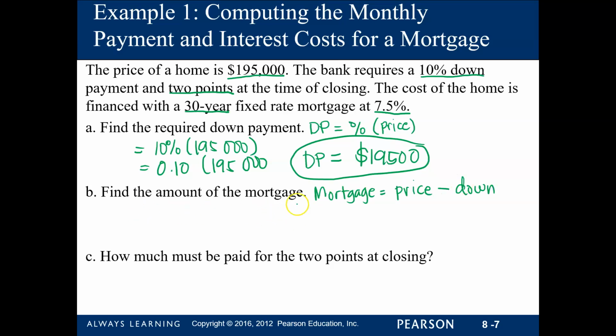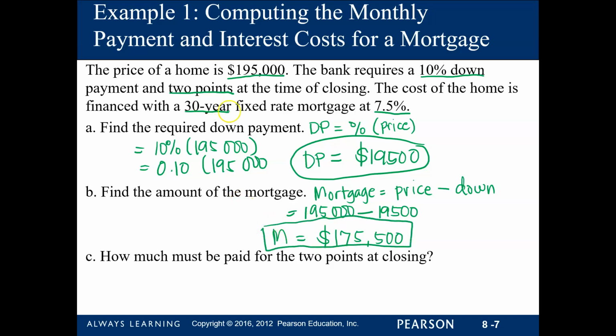In this case, the mortgage is 195,000, the price of the home, minus your down payment of 19,500, so the mortgage is going to be 175,500. This is the one that you have to pay for 30 years.